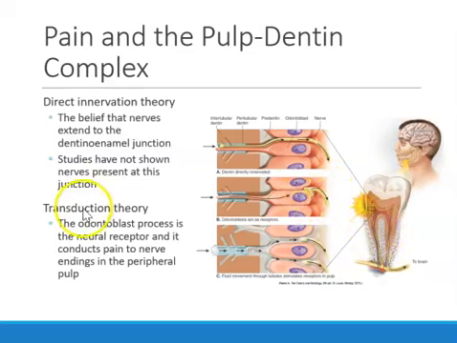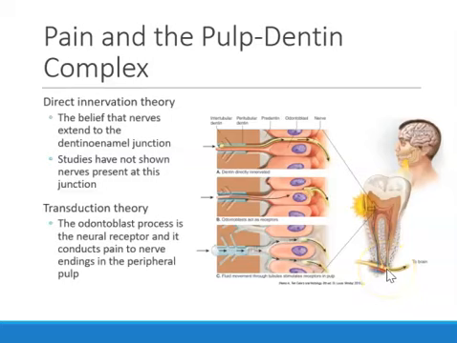With the transduction theory, it assumes the odontoblastic process is like a receptor that catches this pain, and then the pain message gets transmitted to the nerve through the pulp, and then it gets sent to the brain. So the odontoblastic process is the receptor, and it conducts the pain to the nerve ending in the pulp.